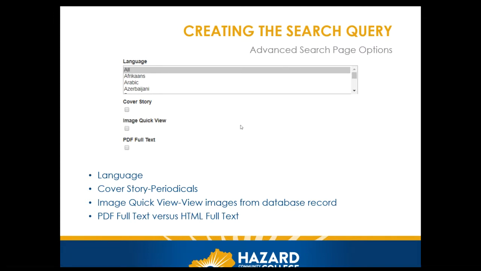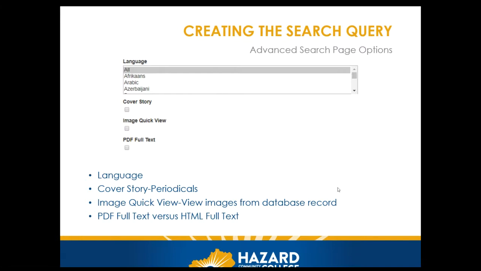If you select cover story, this is going to be an article that was a cover story, say on a magazine. The image quick view is going to show you images from the database record. And the PDF full text will allow you to get the PDF file version of the full text of an article.